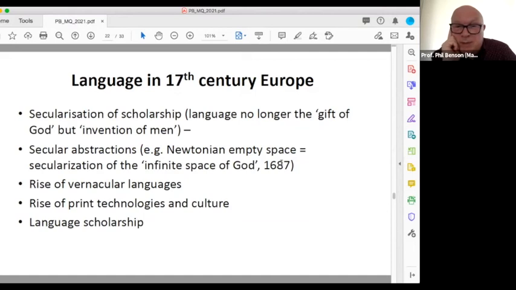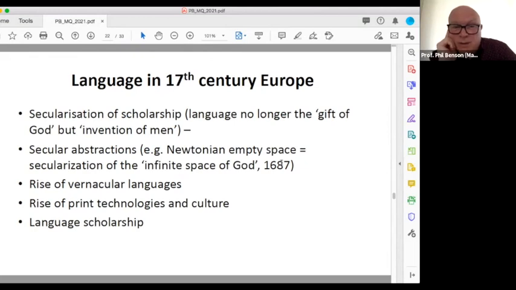So the idea was emerging that language was no longer the gift of God, but something that was invented by human beings, but the thought was a gift of God. And human beings had invented language to reflect or to express reason or thought.